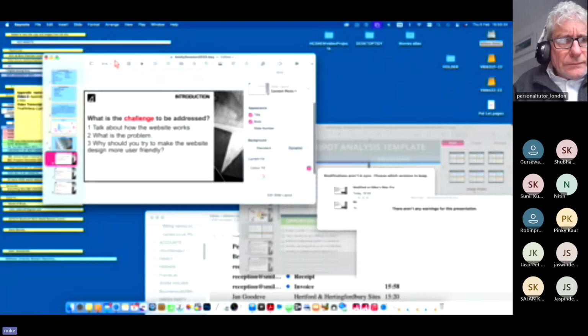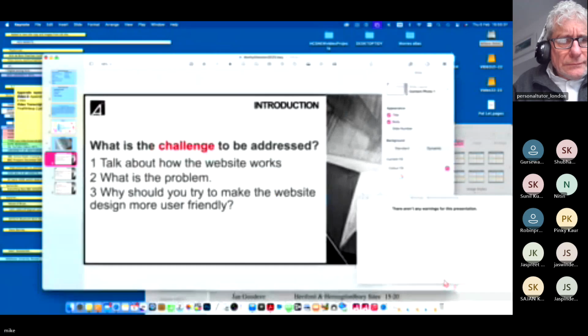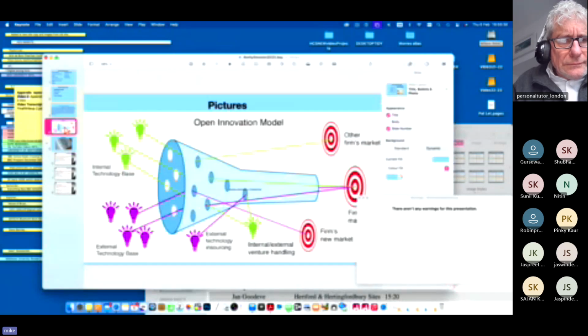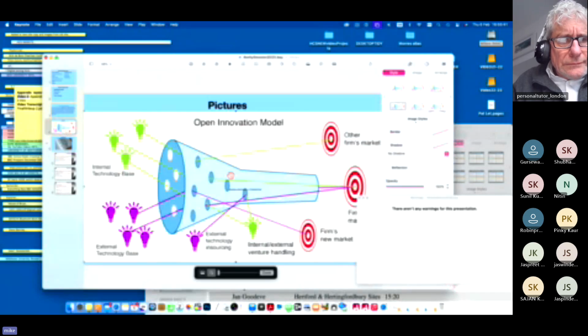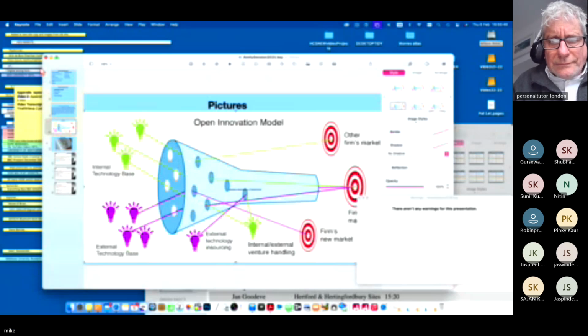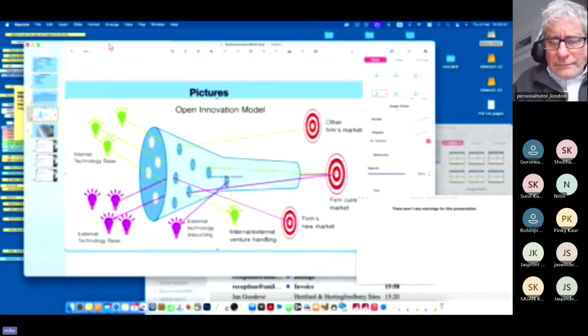I just moved all these around, and actually, when I do this, I'm not sure I can break it into different parts. No, I can't, but you could if you wanted to. So it is very flexible, and you can use PowerPoint like a practice presentation, a way to present.